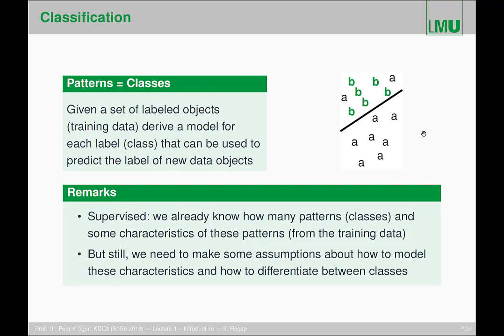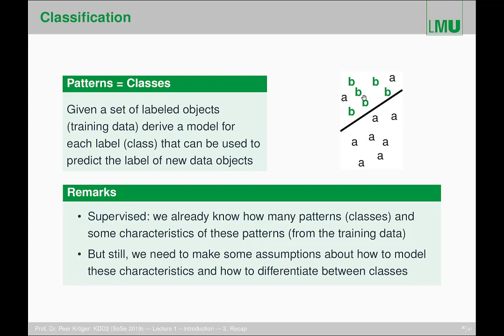And still, since we don't know, we cannot be too sure, we still need a lot of assumptions about how to model these characteristics of the classes, and especially how to differentiate between classes. This is a linear model, so the boundary between these two classes, which is also called the decision boundary.